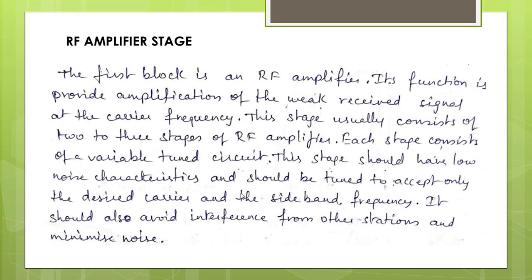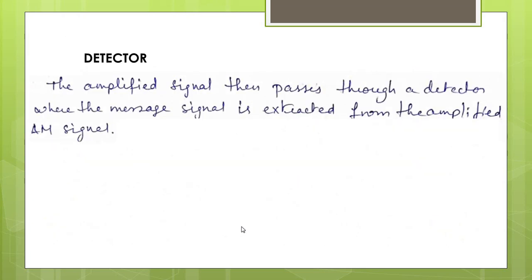The purpose of this tune circuit is to tune the radio receiver to the particular frequency, and it has to pick up only the signals which are desired and reject all the unwanted signals. It should also avoid interference from other stations and minimize the effects of noise.